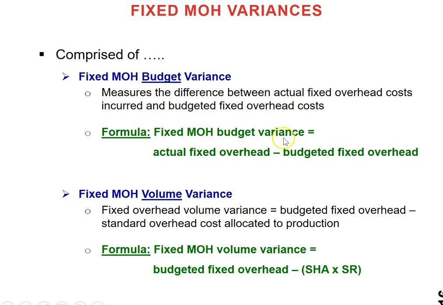For fixed overhead, one we call the budget variance, another the volume variance. The budget variance is the actual fixed overhead minus the budgeted fixed overhead, and the volume variance is the budgeted fixed overhead minus all the standard parts. This is how we need to know the formulas. And now we will solve some problems.